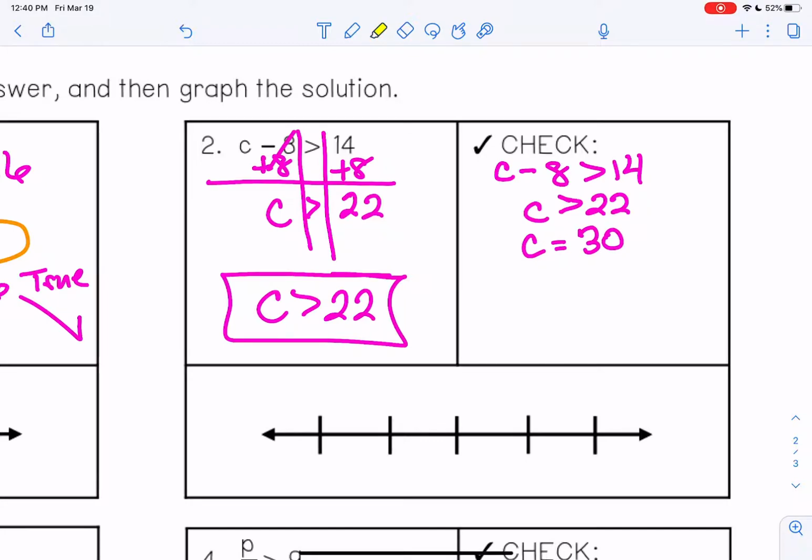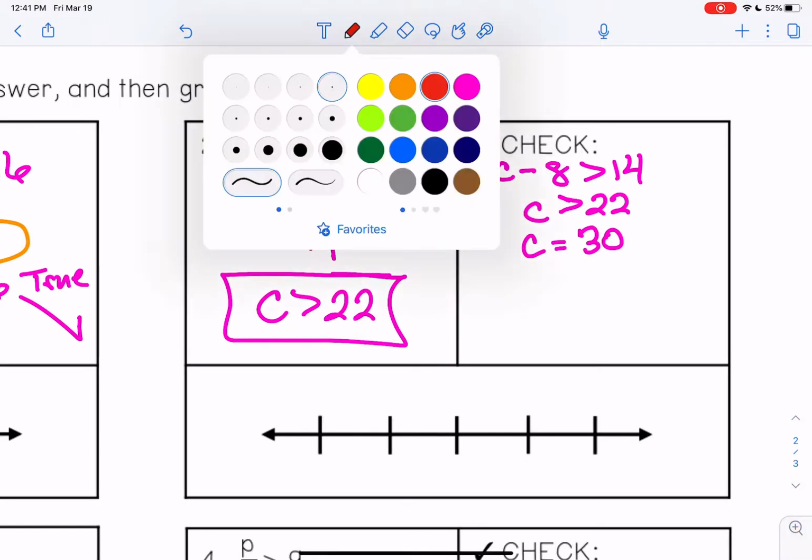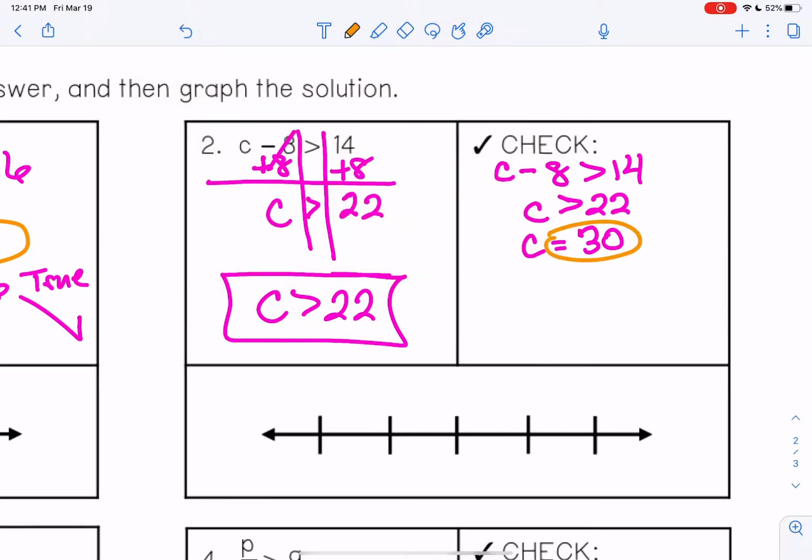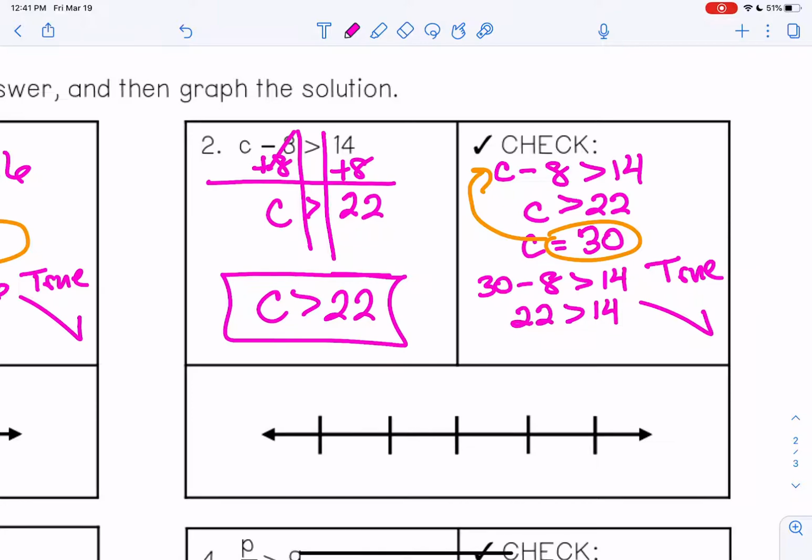Okay, now I'm going to take 30 and I'm going to plug it in for c. And I'm going to see, does it work? 30 minus 8 is greater than 14. Well, 30 minus 8 is 22. Is 22 greater than 14? Yes, it's true. So we did it correctly.